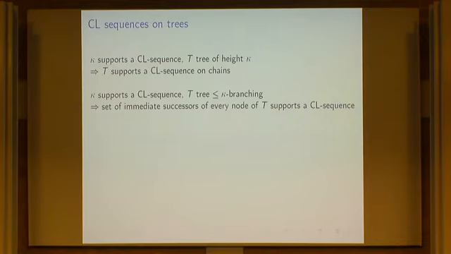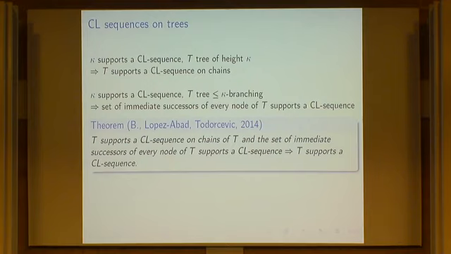Because for immediate successors, there are no chains, right? So it is not about CL sequences on chains that I am speaking here. So you just copy a CL sequence from kappa to the immediate successors.